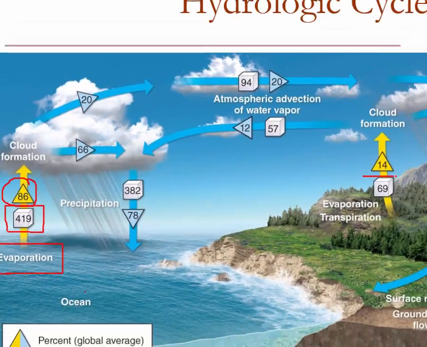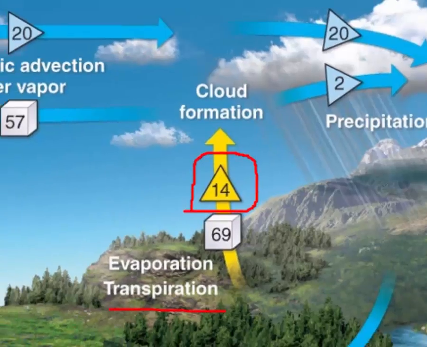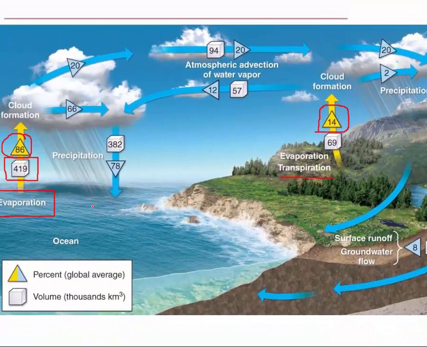The remaining 14% of water that finds its way into the atmosphere thanks to evaporation and transpiration, which we'll define momentarily, comes from over land. Unfortunately for us, most of that water that evaporates from the ocean returns to the ocean in storms or snowfall that occurs over the ocean.